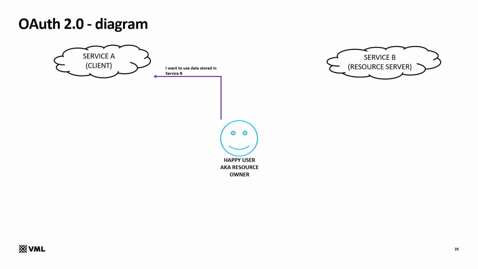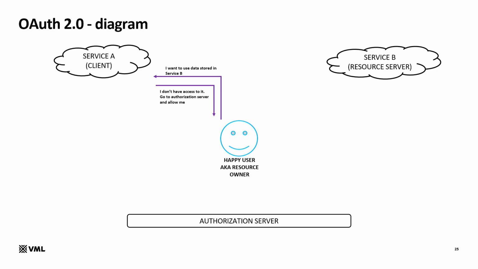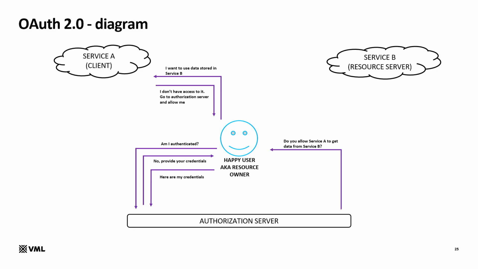He does something in the application, and the application tells the user that he needs to go to the identity provider and allow service A to access service B. So we have another authorization server there, and the user tries to log in, provides credentials, and after authenticating, the authorization server redirects the user back to service A with the code.